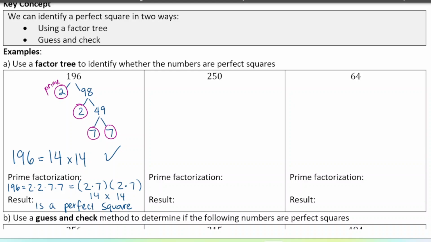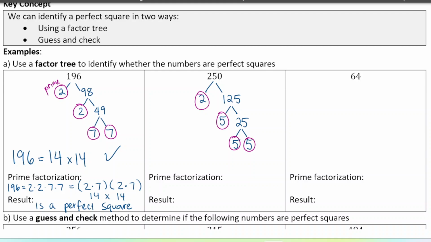Okay, let's try the same thing with 250. So we can divide it by 2. Again, you don't have to start that way. No matter how you start your factor tree, you'll always end up with the same endings. But when I do divide it by 2, I get 125. And then I can divide by 5. I get 25. These are prime numbers, so I'm going to circle them. And then 25 I can divide by 5. These are prime. I can't go any further with these.